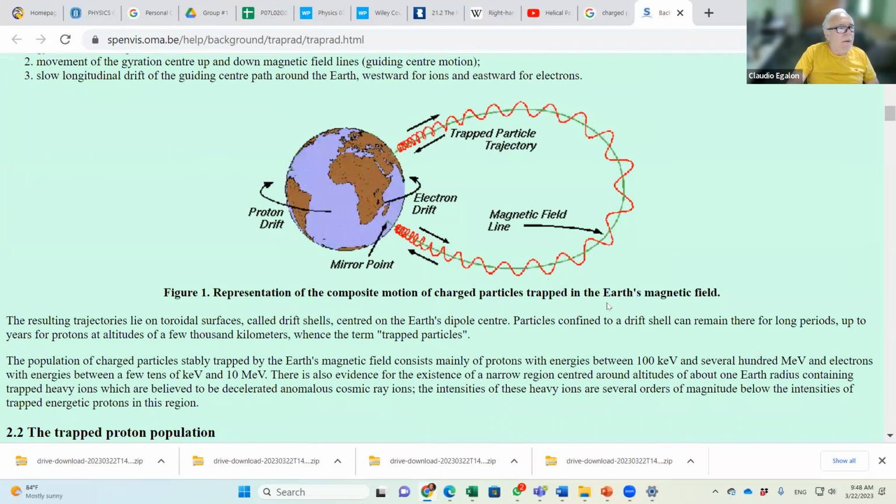Here you go. Here's the Earth's magnetic field. You can also have other magnetic field lines closer to the pole, right? And then what happens is that the sun emits charged particles. That's what we call the solar wind, the same solar wind that's responsible for disruption in communications here on Earth.